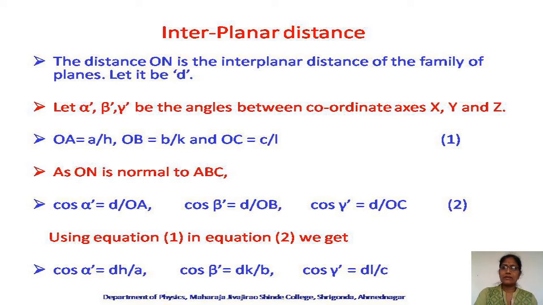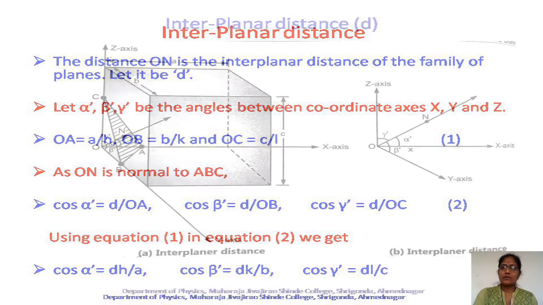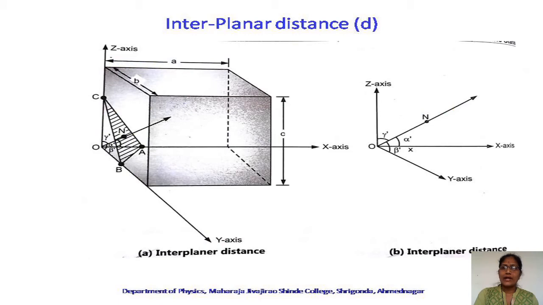You can consider it as alpha or alpha dash. From this figure, cos alpha dash, that is the angle between N and OA, is equal to ON upon OA.